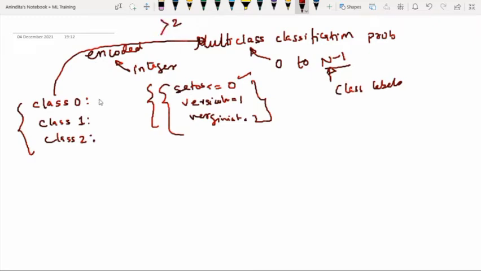Fine. So see how this encoding is performed. Whenever we have class 0, it is written as 1 0 0. Whenever I have class 1, it is written as 0 1 0, and whenever I have class 2, it is written as 0 0 1.